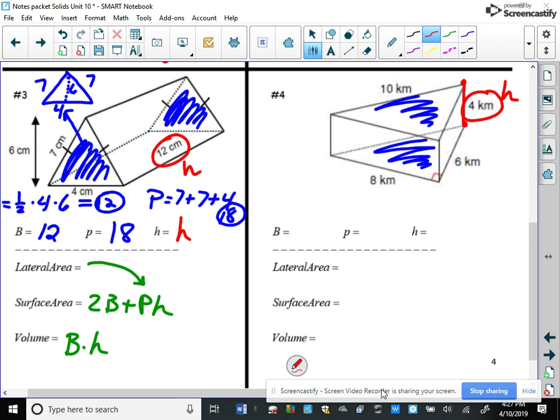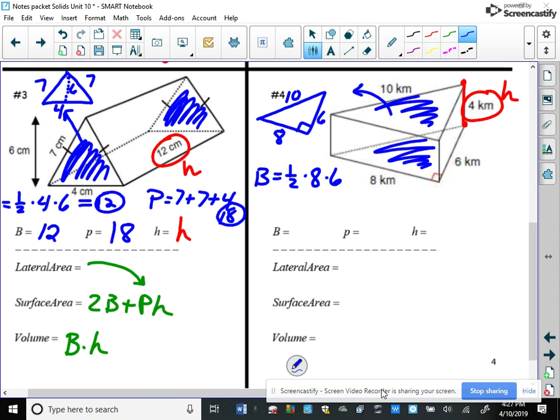All right, this guy is a triangle. And if I redraw it, like I said, I like to, that's 8 by 6 by 10. So the B, the area of the base, is, since it's a triangle, 1/2 times 8 times 6.